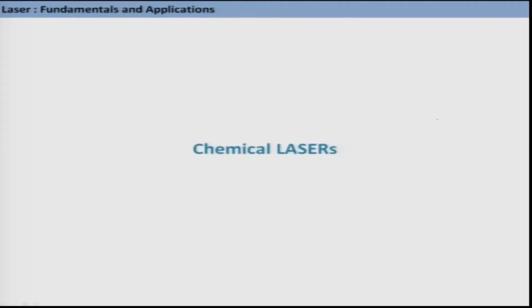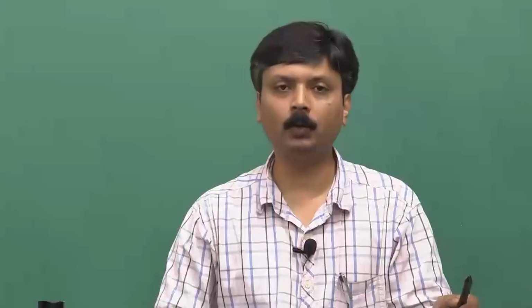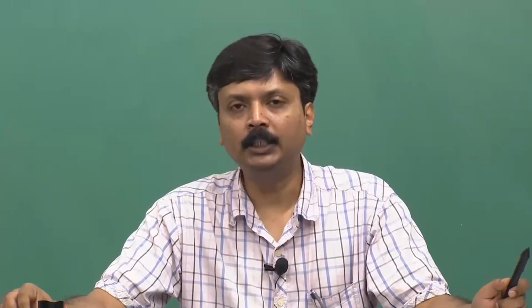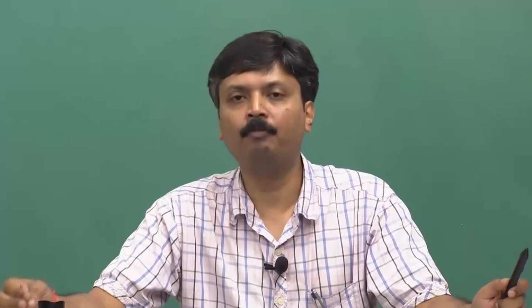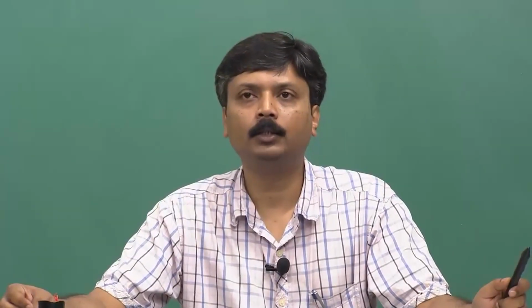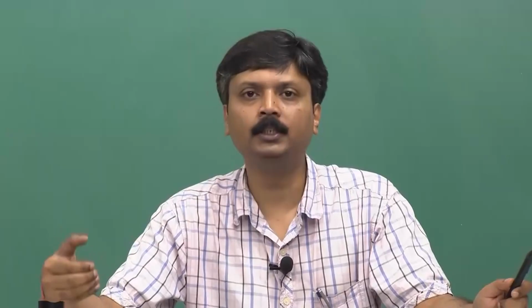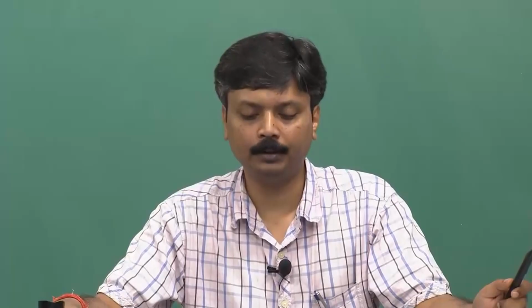Next we will talk about a totally different type of laser, which is the chemical laser. From the name itself you can understand that certain chemical reactions take place which provide systems that give rise to levels or energy states that ultimately can give us laser action.